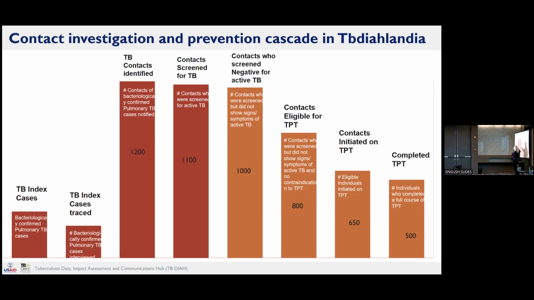Out of them, 1,100 were screened for TB, but all of them were supposed to be screened. So here we again have a little gap. Out of the 1,100, 1,000 are without active TB, which means that 100 had active TB, so they are not part of this cascade anymore.